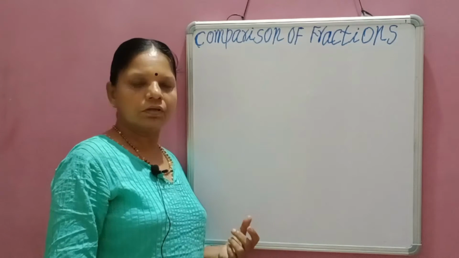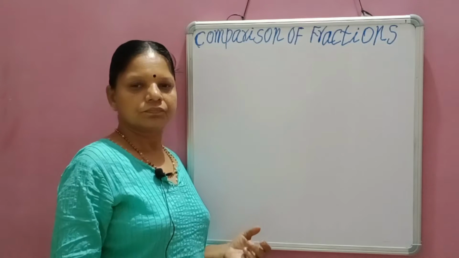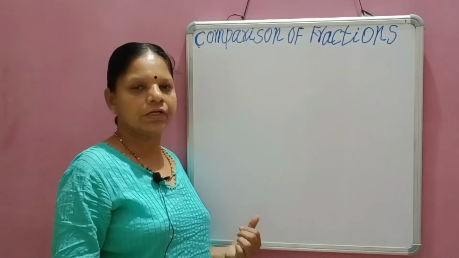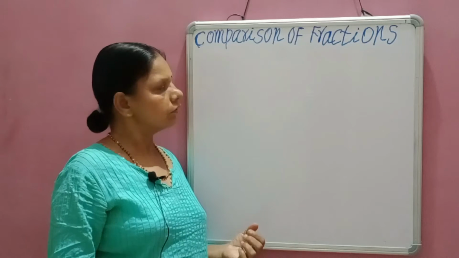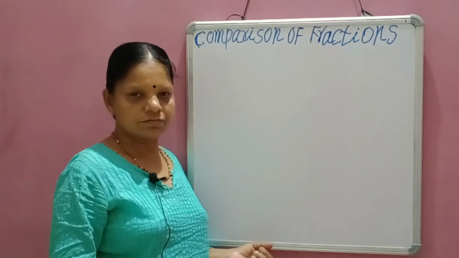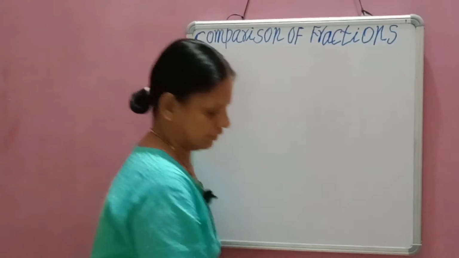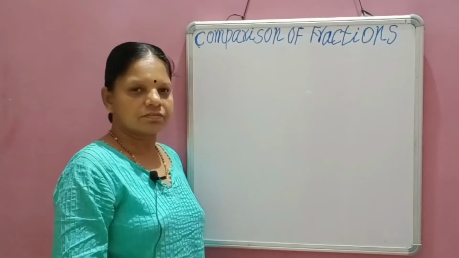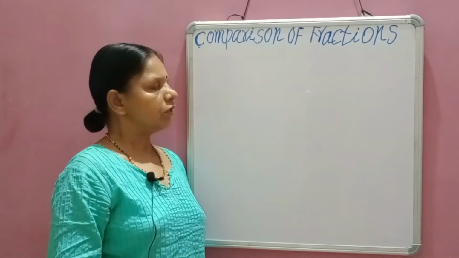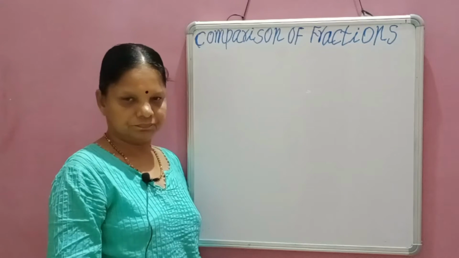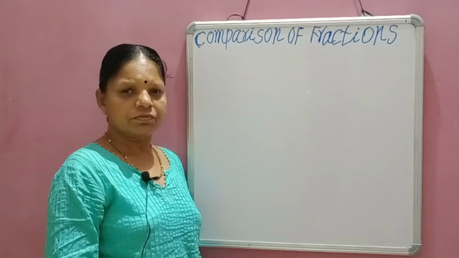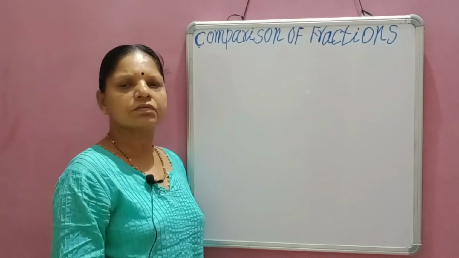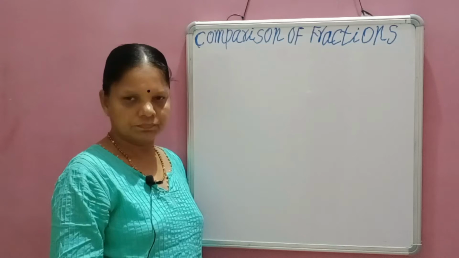Also, you know the meaning of fraction and how the comparison is to be done in fractions. Let us see. There are many cases to be taken for comparison. First, we will take when the denominators are same.